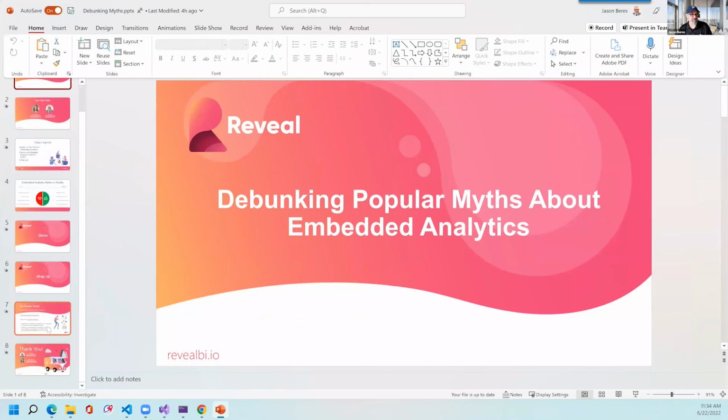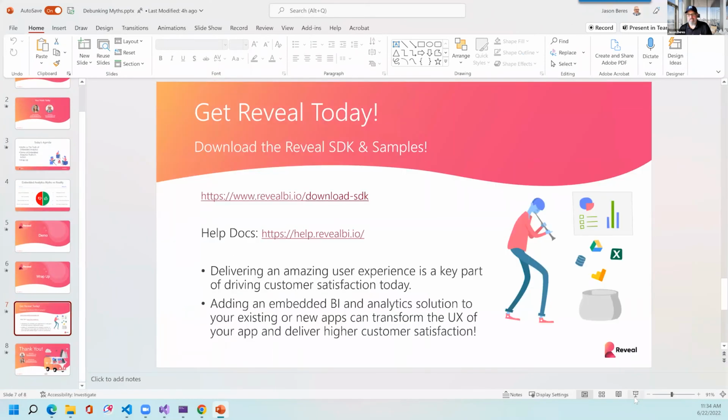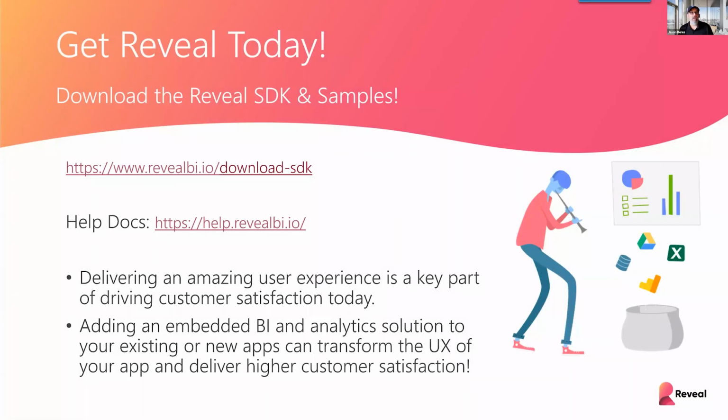And let's just jump down to the final slides here. So we want you to try out Reveal. Hopefully today you saw how easy it is to embed Reveal in your application. Go to revealbi.io, download SDK. That's that first URL I showed you today. I showed you the help docs, showed you how easy it was to basically copy paste code right into your application.